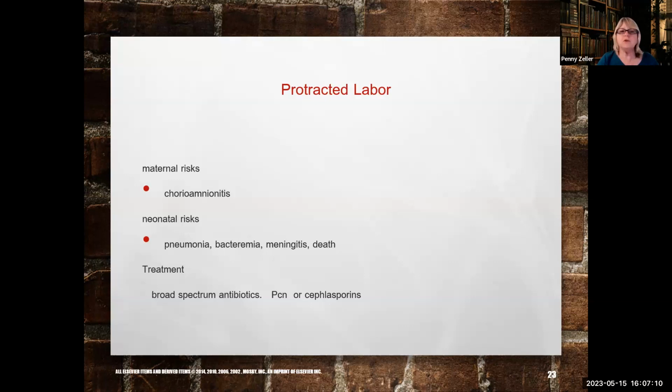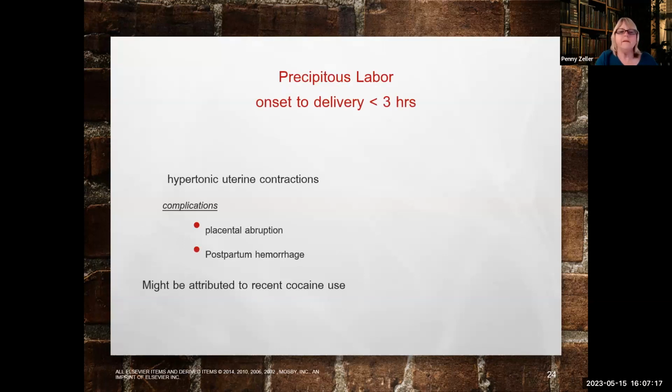Do you remember we talked about group beta strep organism? It's the streptococcus strain that some people carry in their urine, in their bowel, or in the vagina.